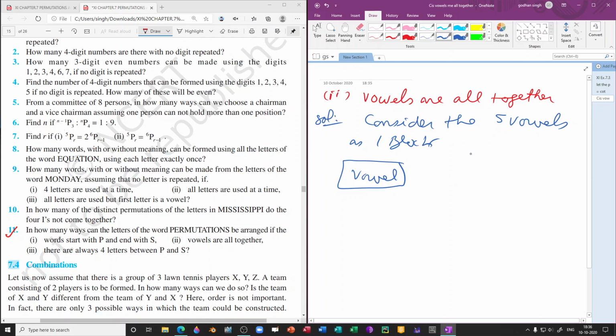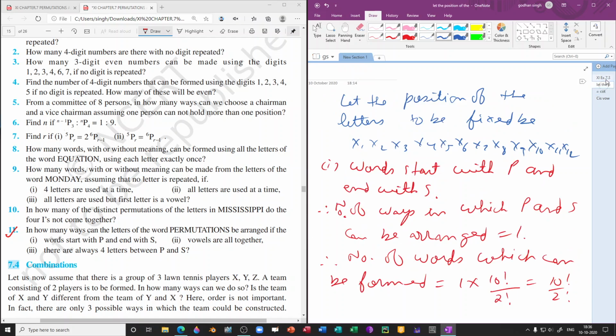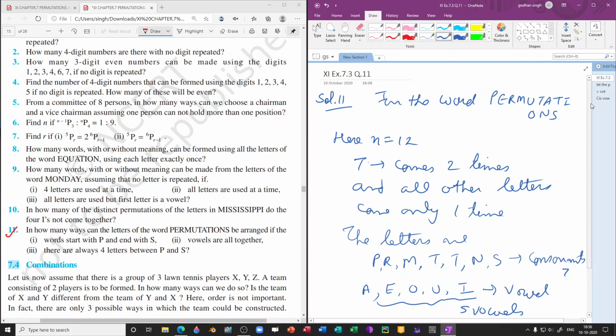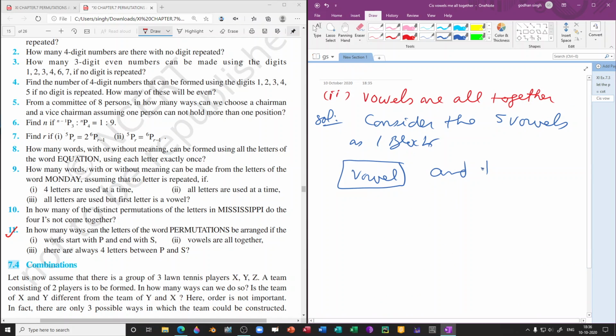How many consonants are there? Sorry, let's move back and see. There are 7 consonants. Now this vowel block is one, and there are 7 consonants.